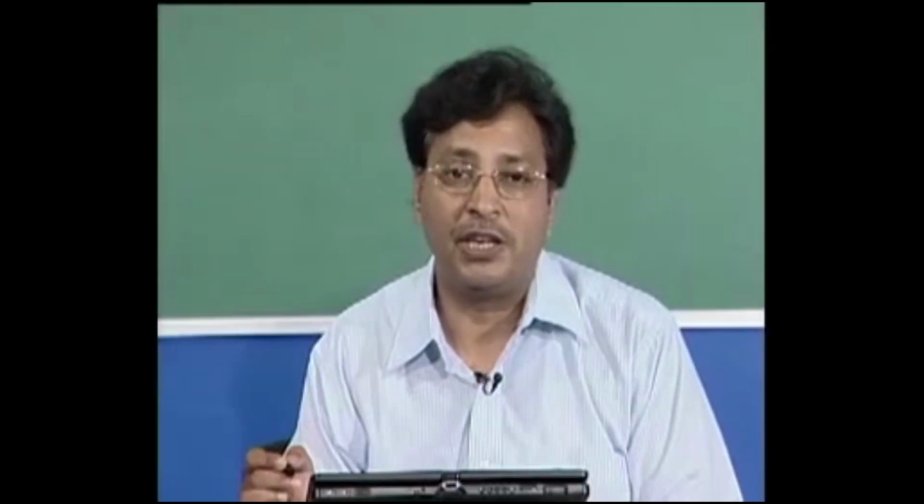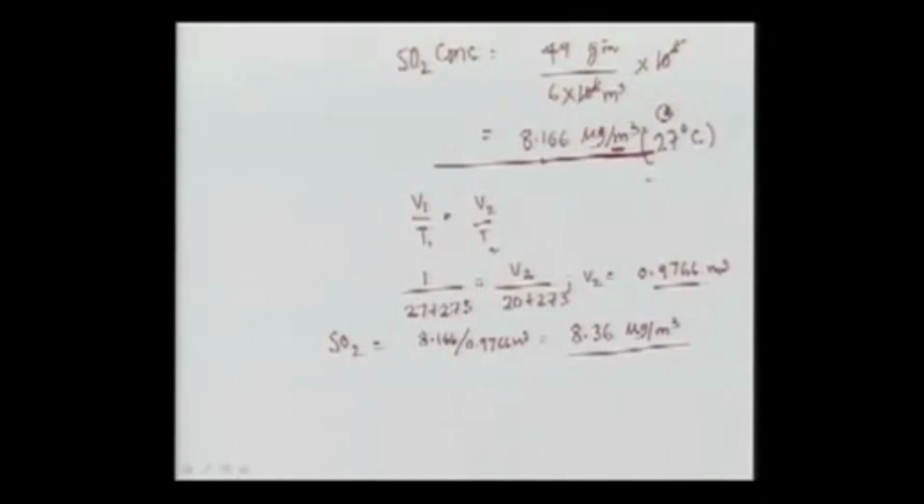Now I'll apply this and find how many trains can be allowed. The allowed concentration is 200 micrograms per meter cube, and this is the contribution by one train. Let's not forget that.